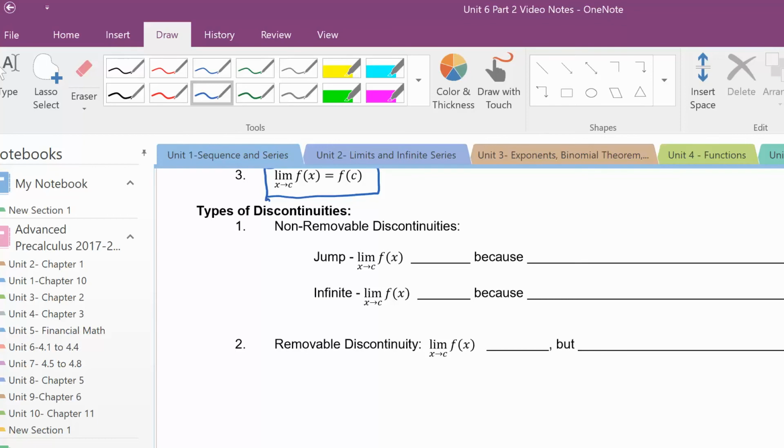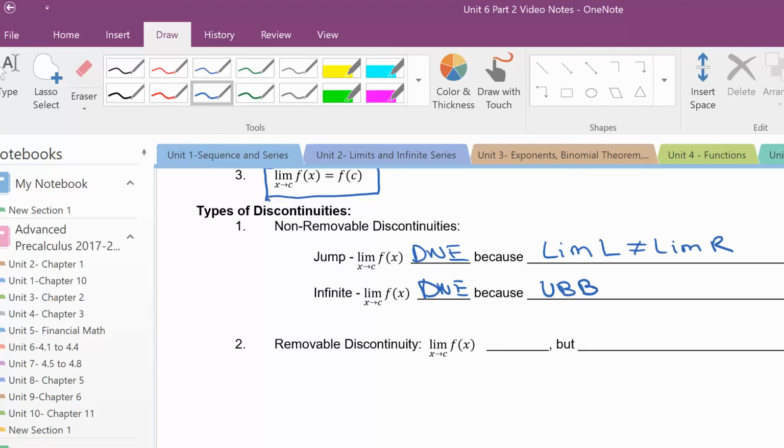A non-removable discontinuity, it is jump discontinuity if the limit of the function does not exist because the limit from the left does not equal the limit from the right. That gives you a non-removable jump discontinuity. It is an infinite discontinuity if the limit does not exist because of unbounded behavior.